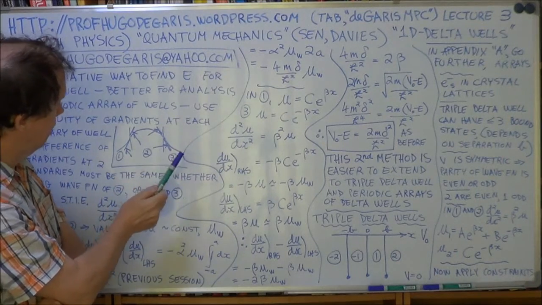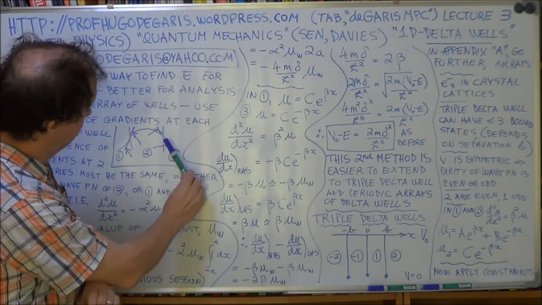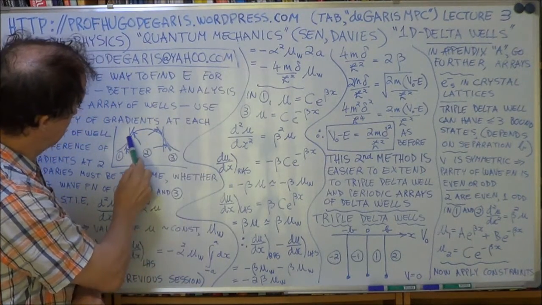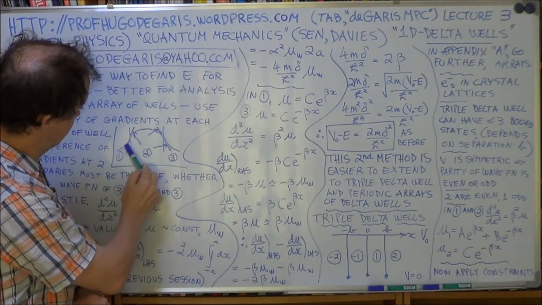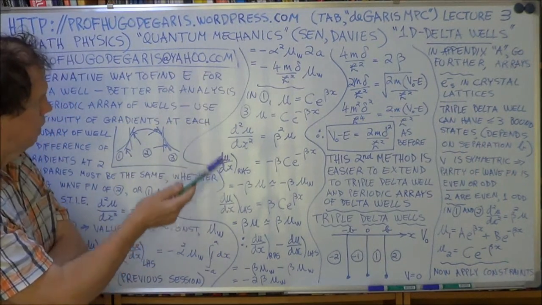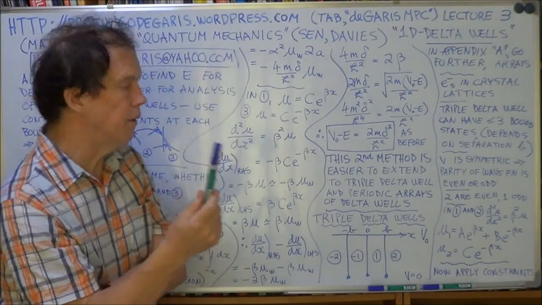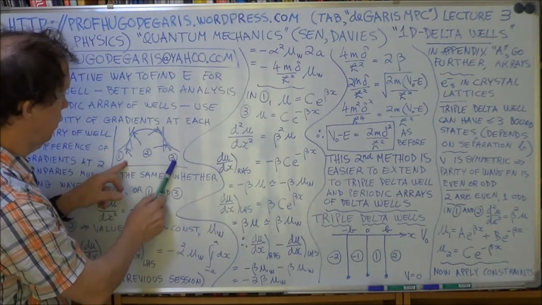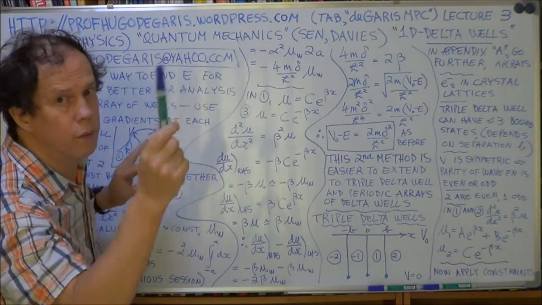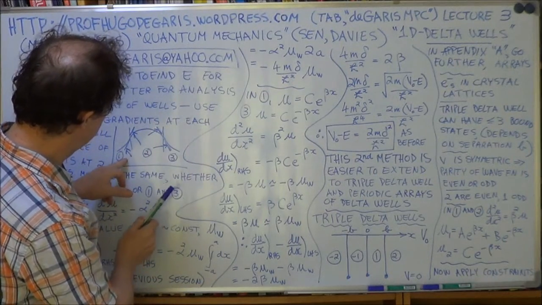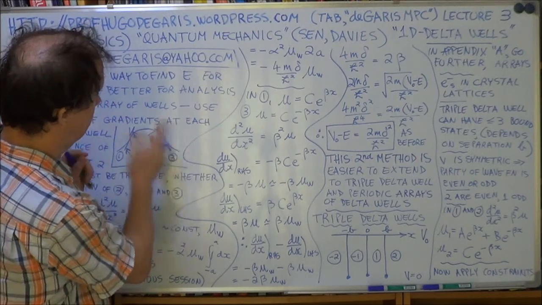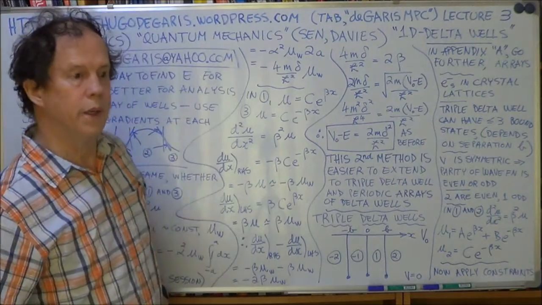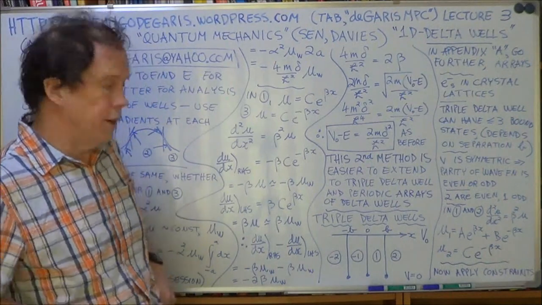So let's find the gradient here on the right hand side, and the gradient here on the left hand side, but solving the Schrödinger equation in regions 1 and 3, not 2. So our u, the wave function, is the u in regions 1 and 3, and by symmetry that u will be either an even or an odd function.